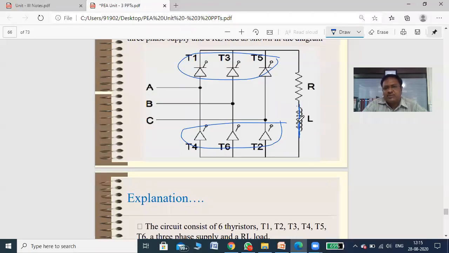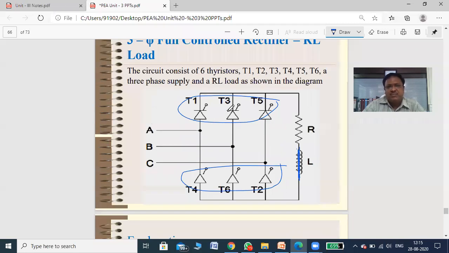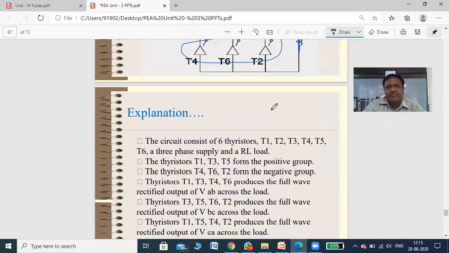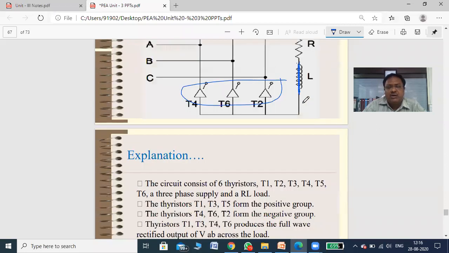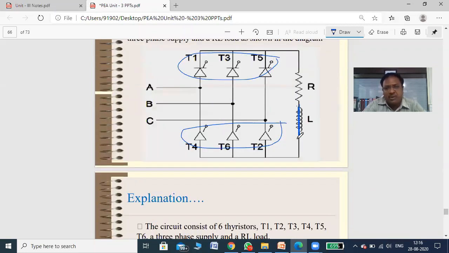The same circuit you can use for the three-phase fully controlled converter for R load. Total 6 thyristors you can use, T1, T2, T3, T4, T5, T6, with a three-phase supply and RL load. If you are using RL load, we will see what happens, but before that, only for R load, you can explain.